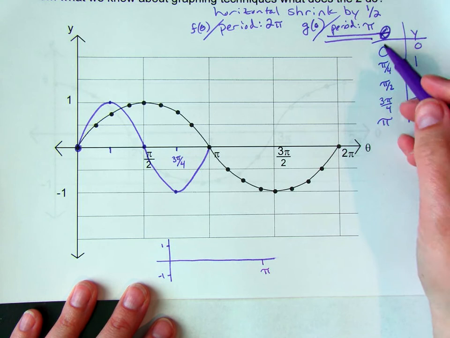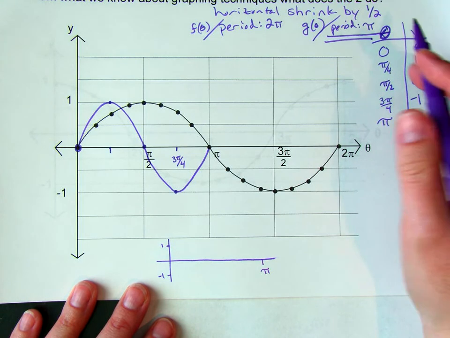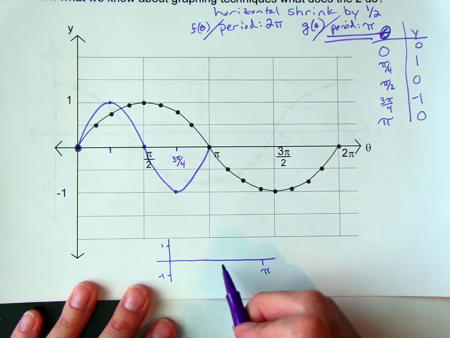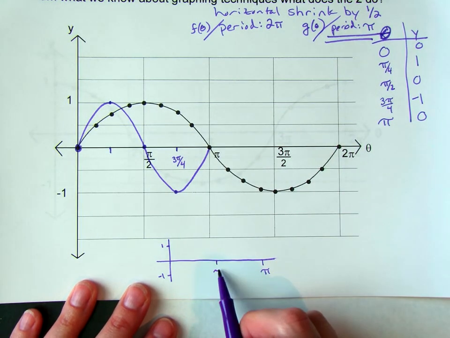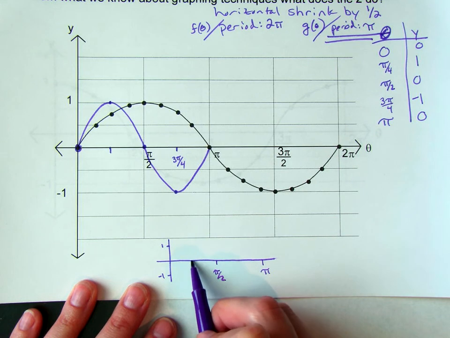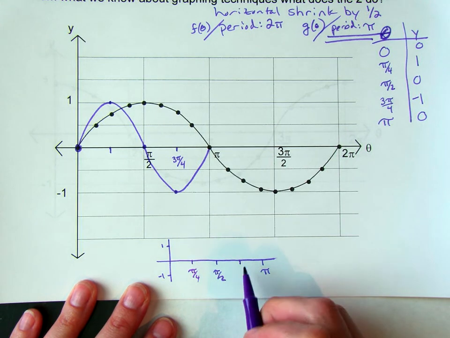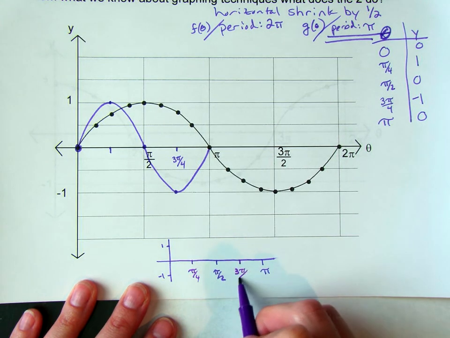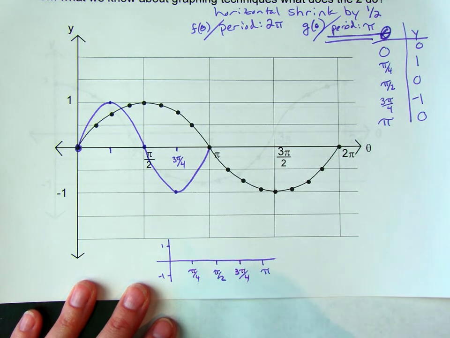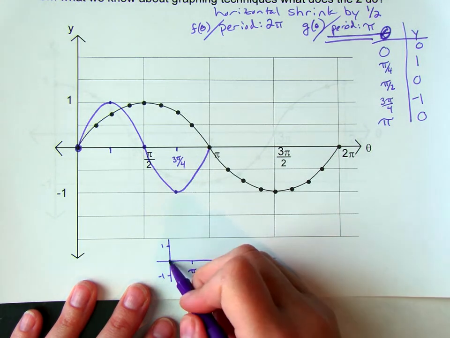I actually do this chopping that we did on the graph. So pi, cut it in half, is pi over 2. Cut that in half, pi over 4. So now I have 1/4, 2/4. My next chop is 3/4.